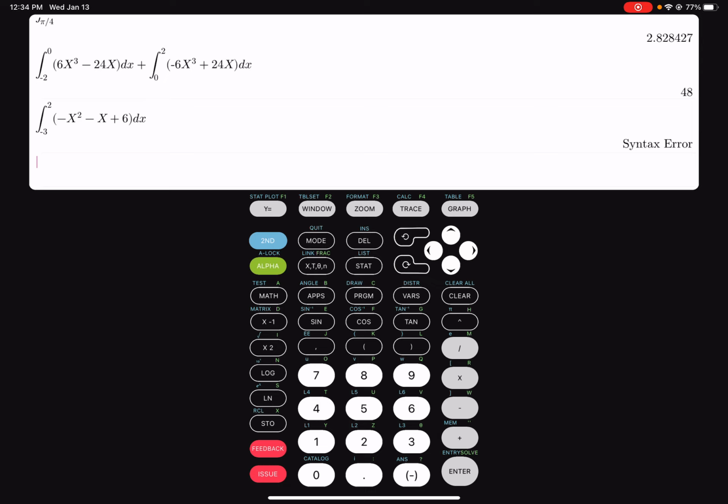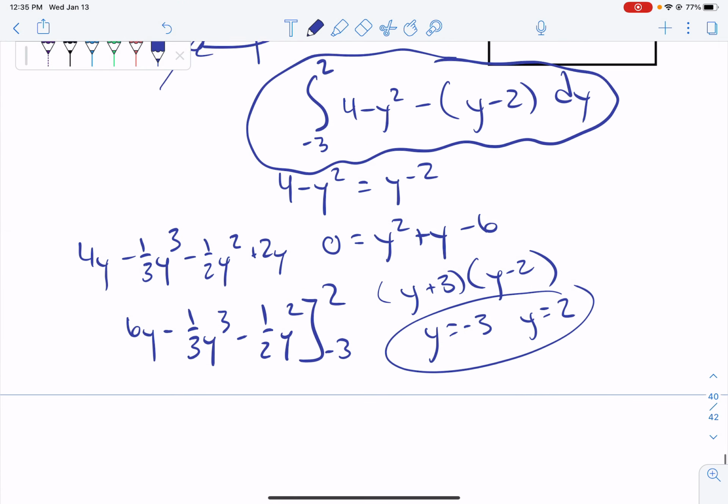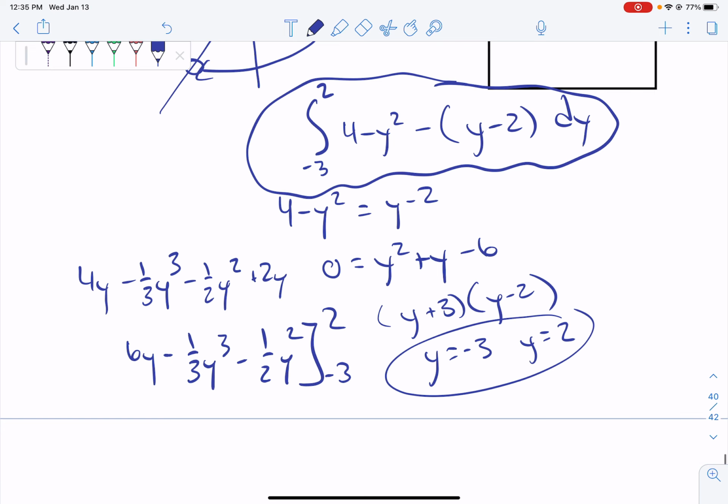Maybe we have to, if it's using them as x's, x is just our variable, so that shouldn't be the problem that I'm getting. Did we put it in right? 4 plus 2, that's 6, negative y squared minus y dy. We're going from negative 3 to 2.